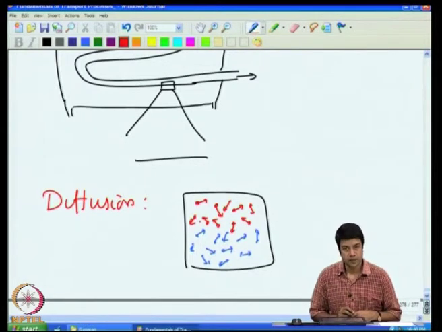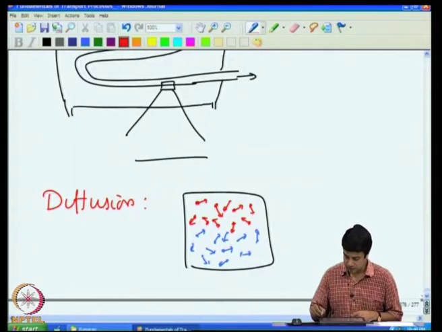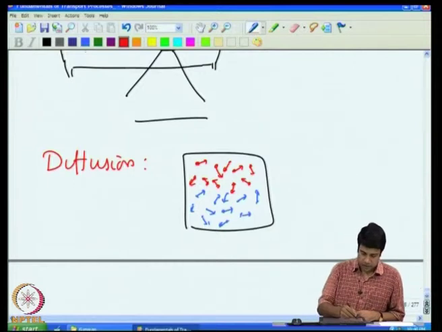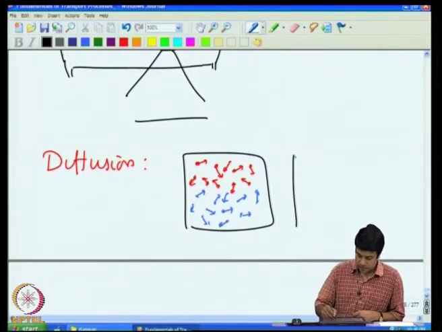So, I have two types of molecules which are separated, and each of these are in a state of fluctuating motion. After some time, the system is going to get mixed.